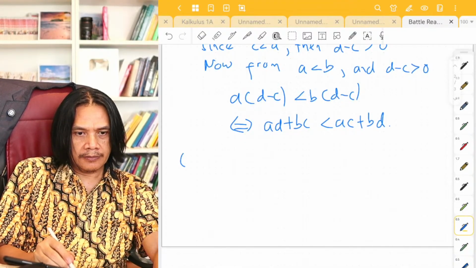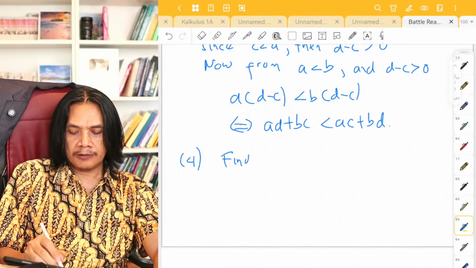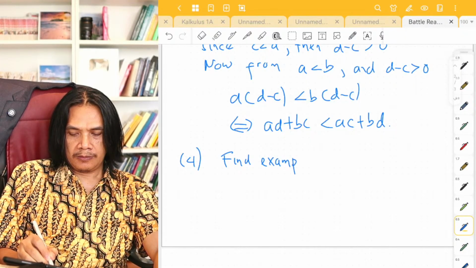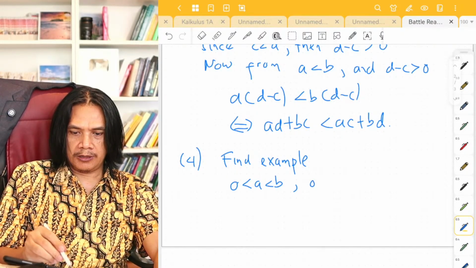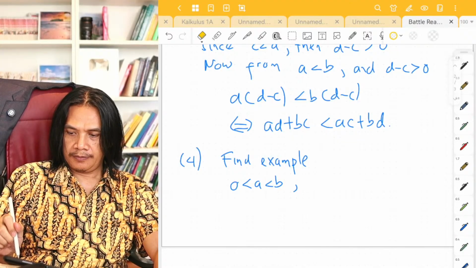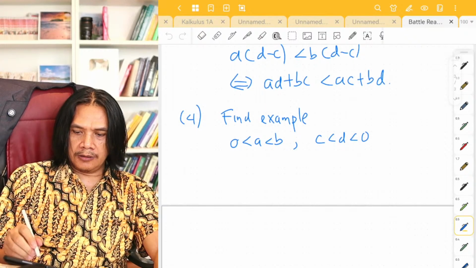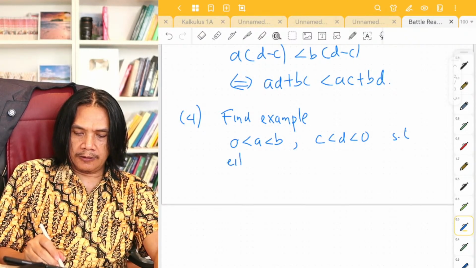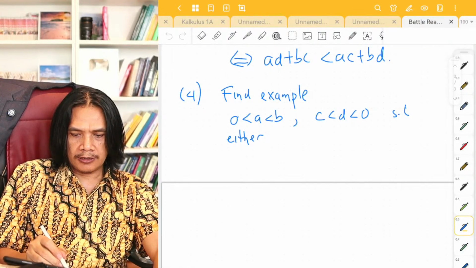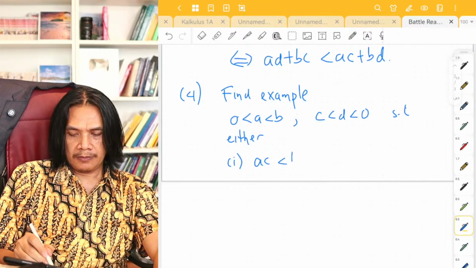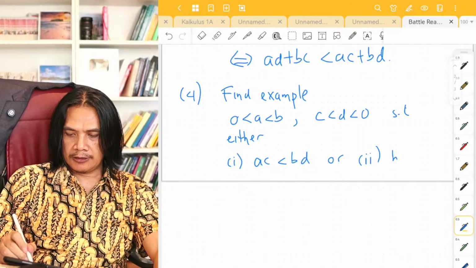Problem 4. Find numbers A, B, C, D in R satisfying: find an example of numbers C, D less than 0, such that either 1, AC less than BD, or 2, BD less than AC.